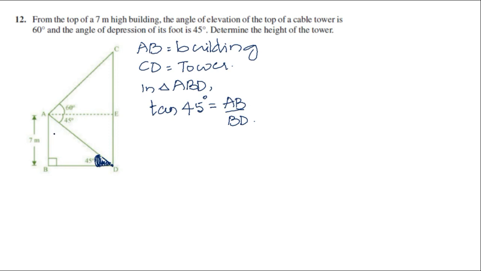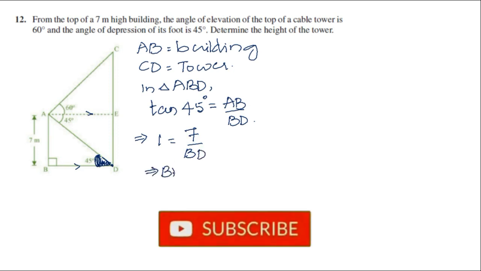In one of our discussions, we had learned that the angle of elevation and angle of depression will be equal. Also, you observe these two lines, they are parallel to each other. These angles EAD and ADB are alternate angles, therefore I have considered 45 degrees. Tan 45 is 1, the length of AB is 7 by BD. With this, BD becomes 7 meters.